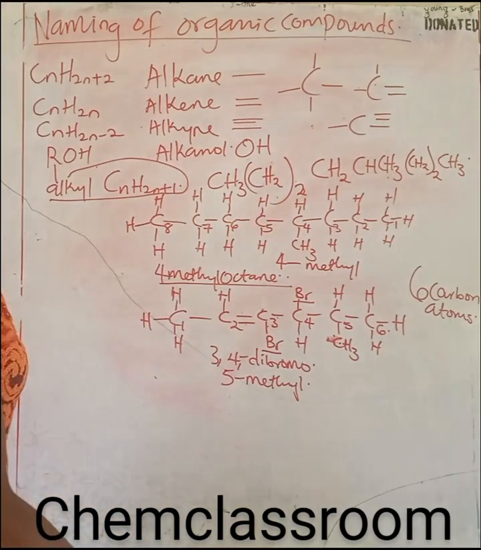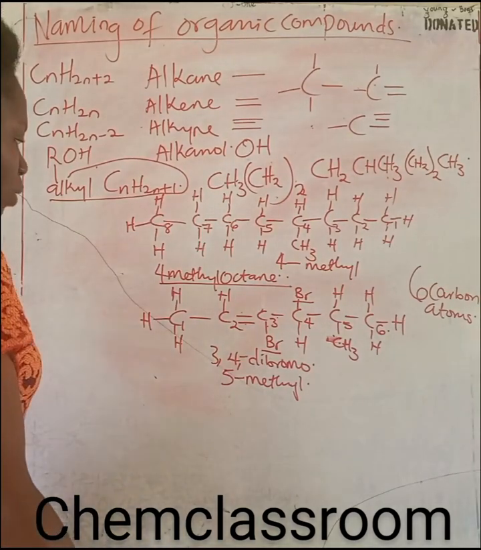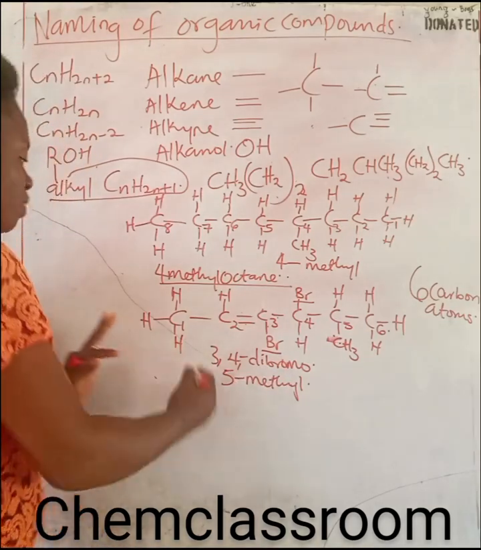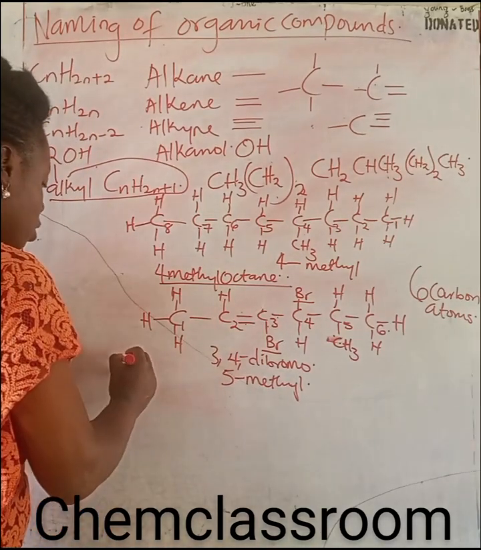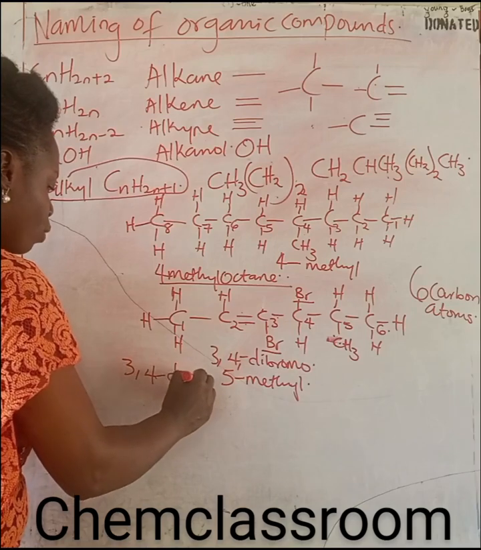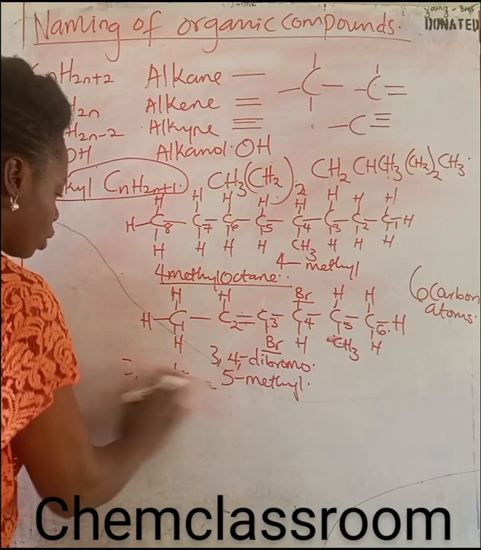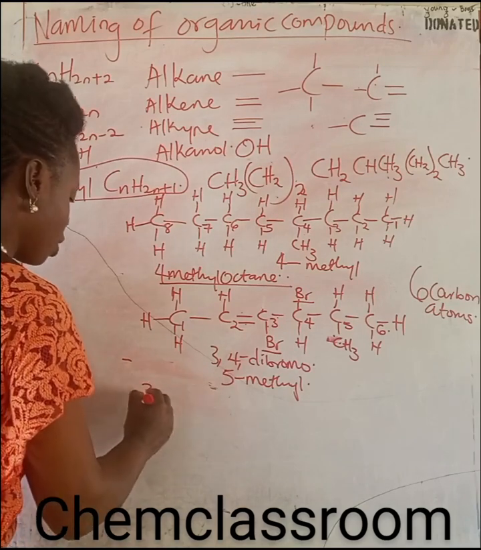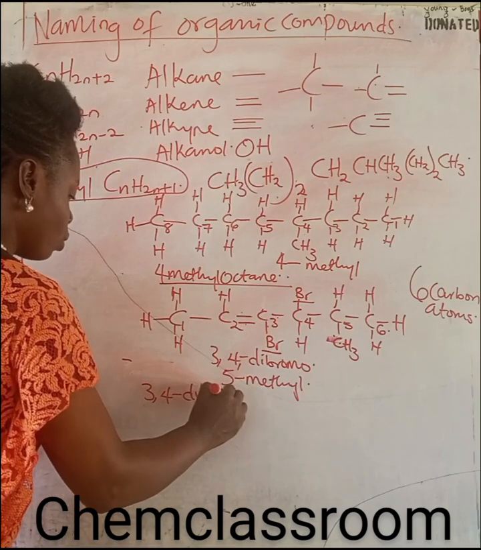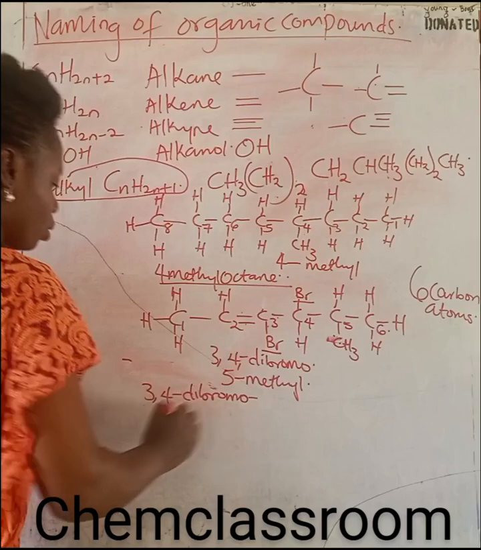So these are the things that I have. Now how are we going to write? We are going to follow alphabetical order here. I'll write the bromine first: 3,4-dibromo.